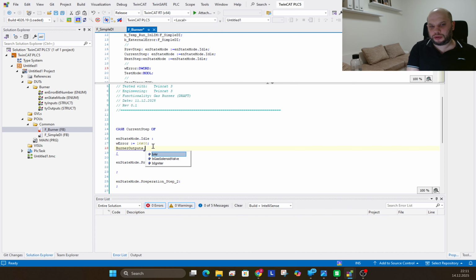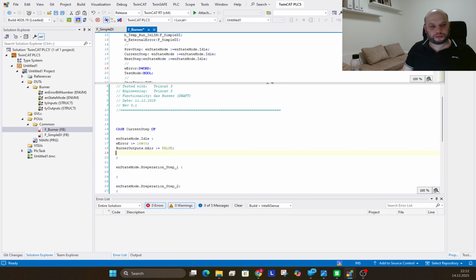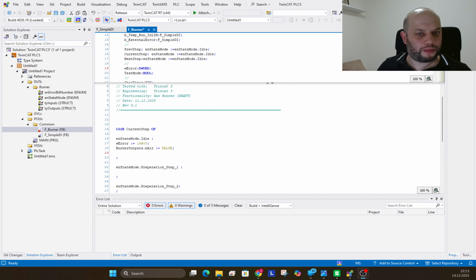Outputs. False. Oh, I did a couple of changes on the fly with the camera. So yeah, this will be a little bit better now. Okay, let's continue.